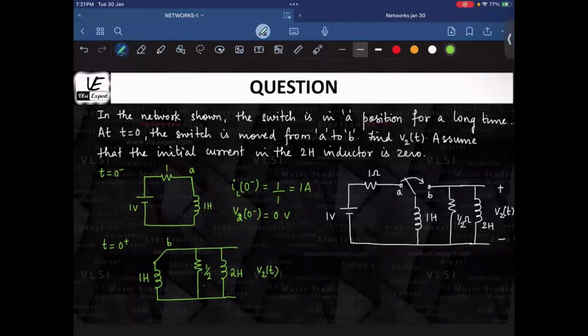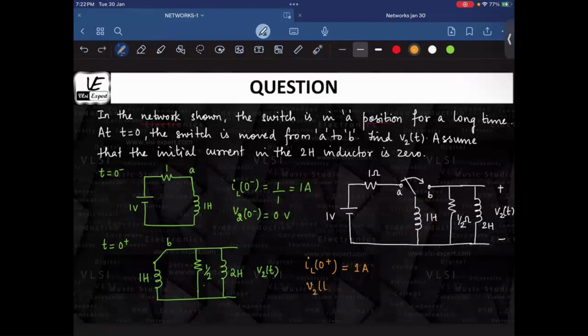Is that okay? What is the current in this inductor now? 1 ampere, ma'am, because before switching it was 1 ampere, so after switching also this is 1 ampere. Correct. And what will happen to V2 of t?